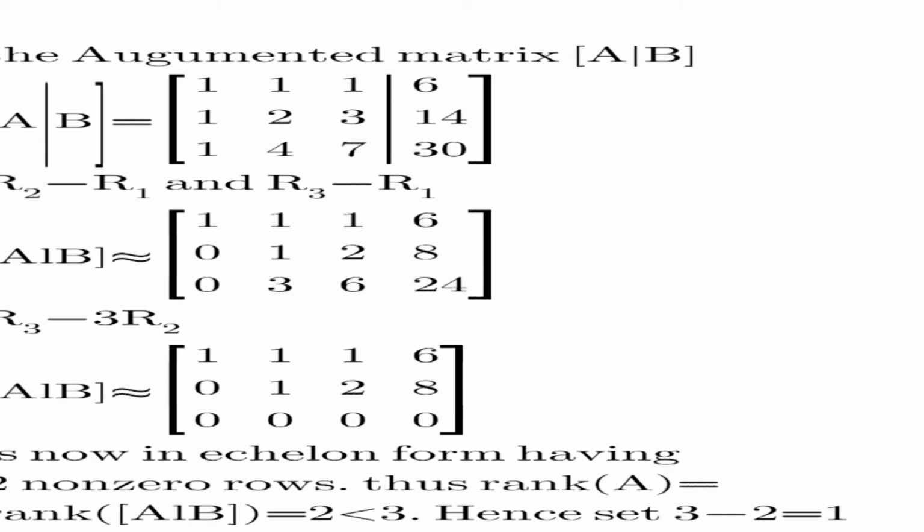That is, the third row is changing by R3 minus 3R2. So the first row is as it is, 1 1 1 6, the second row as it is, 0 1 2 8, but the third row is changing.